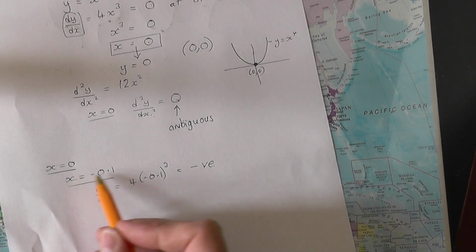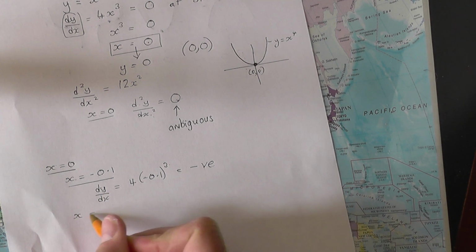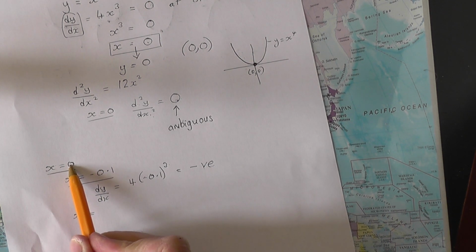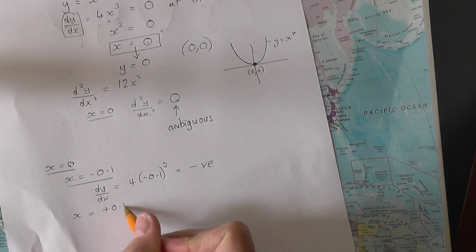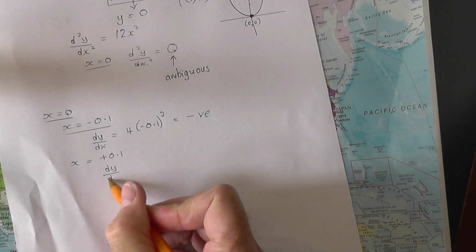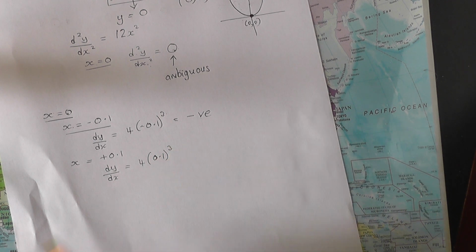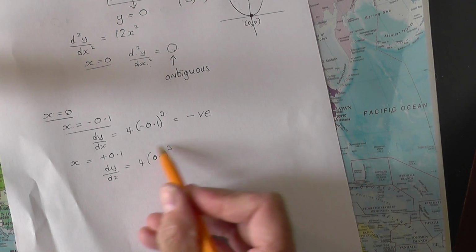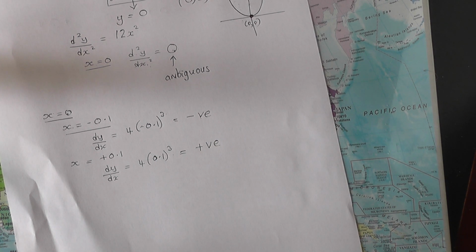So minus 0.1 gives you a negative dy by dx. Let's now go the other side of x equals 0, make it slightly bigger, plus 0.1, and we'll work out dy by dx for that. dy by dx will be 4 lots of positive 0.1 cubed. Well, this thing here, if you work it out, must obviously be a positive quantity.